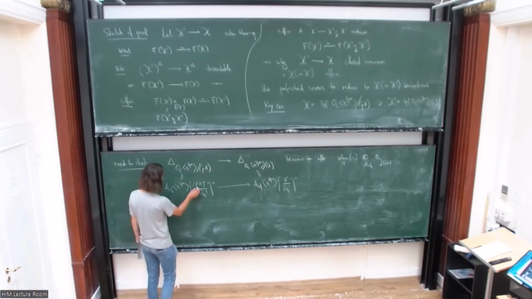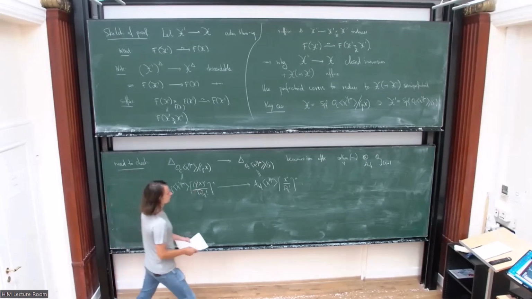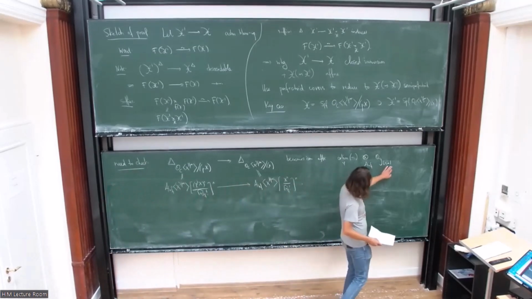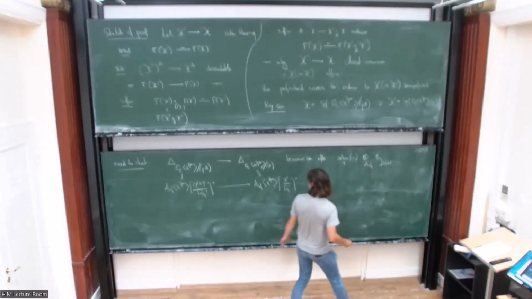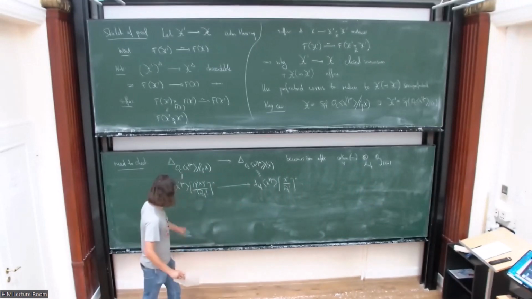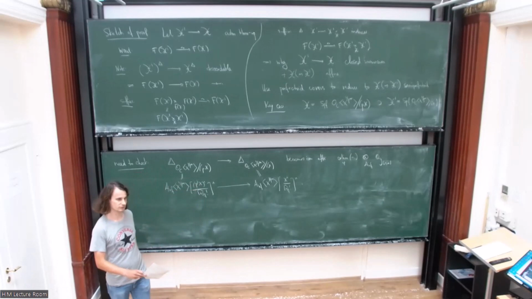Basically, because this element p flat becomes invertible once you pass through the ring, and when you pick a radius, you can really bound it, and then move these powers and give them as a denominator.